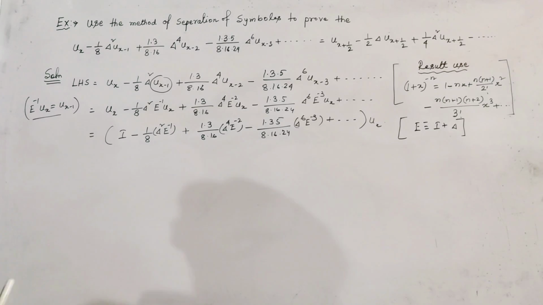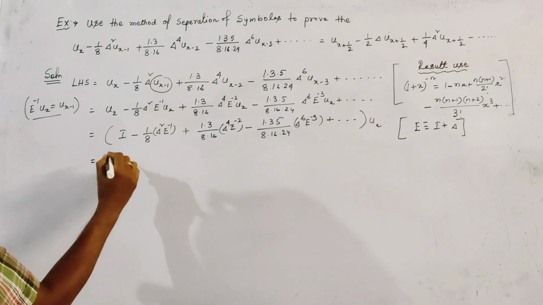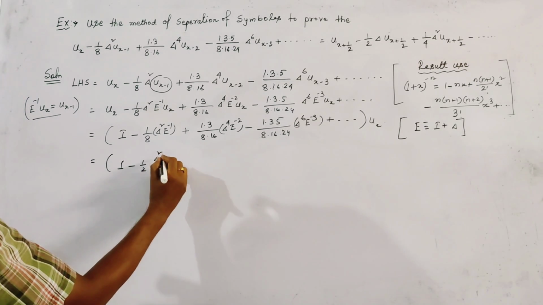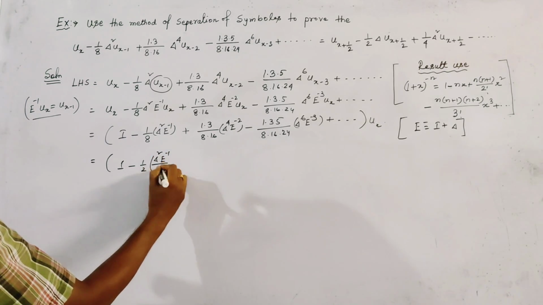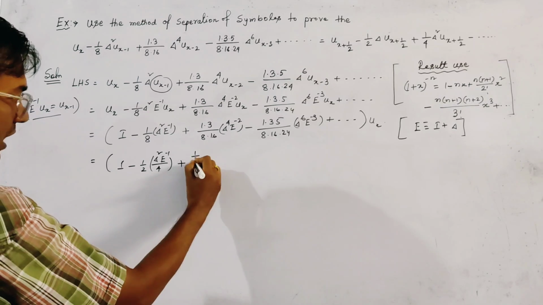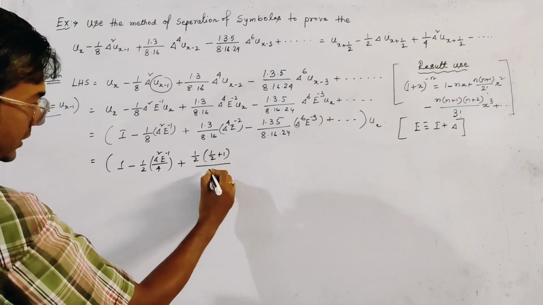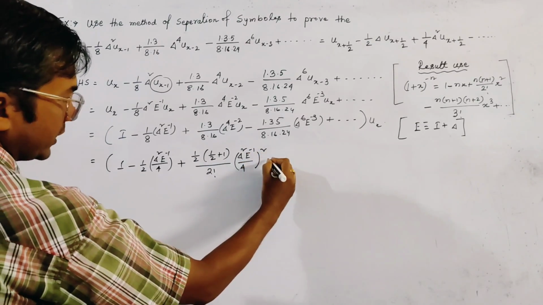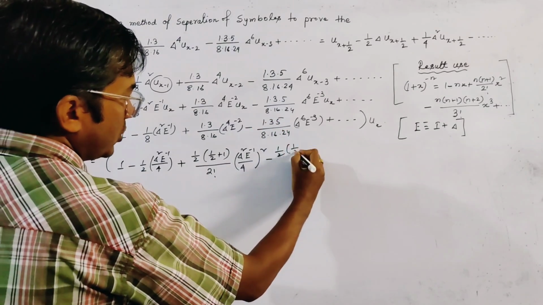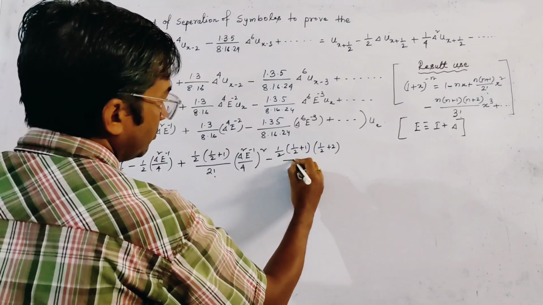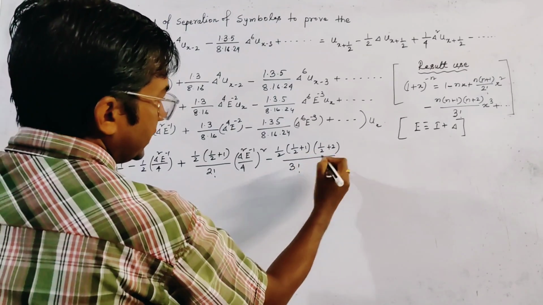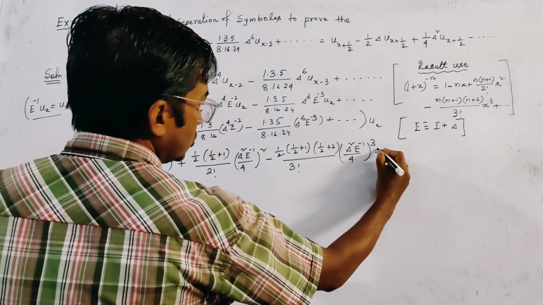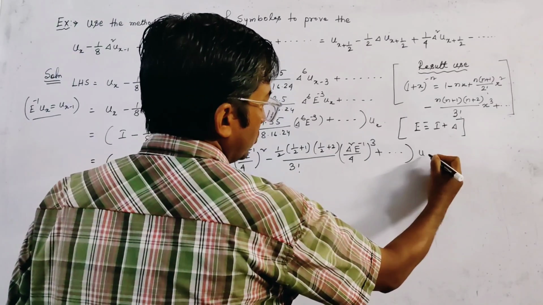Now if we arrange this series, it is 1 minus, given by 1/2 into (delta squared E to the power minus 1 by 4), plus 1/2 into (1/2 plus 1)/factorial 2 into (delta squared E to the power minus 1 by 4) whole squared, minus 1/2 (1/2 plus 1)(1/2 plus 2)/factorial 3 into (delta squared E to the power minus 1 by 4) whole cubed, and so on, into u_x.